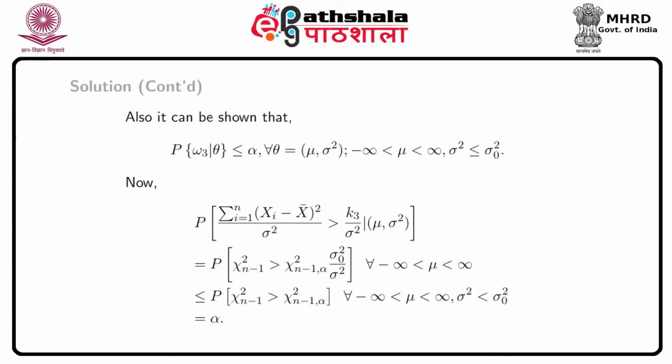Now, probability that summation xi minus x bar whole square divided by sigma square is greater than k3 by sigma square under mu sigma square is equal to probability that chi square n minus 1 is greater than chi square n minus 1 alpha into sigma naught square by sigma square for all mu, which is less than or equal to probability that chi square n minus 1 is greater than chi square n minus 1 alpha for all mu between minus infinity and infinity and sigma square less than or equal to sigma naught square, and that is equal to alpha.